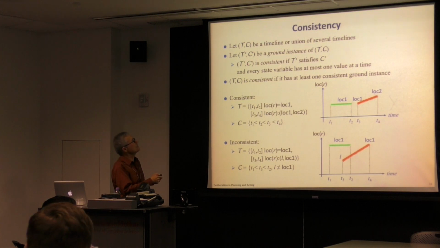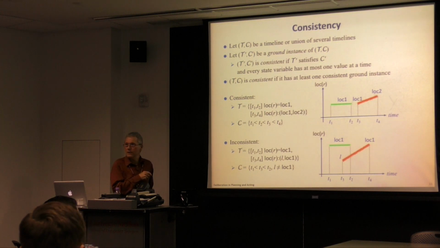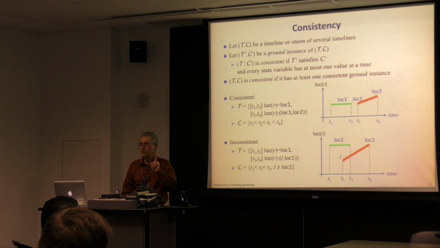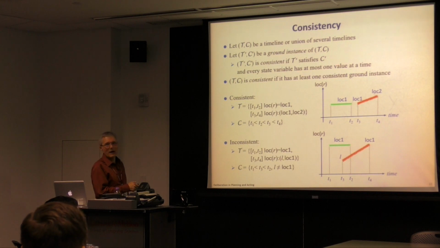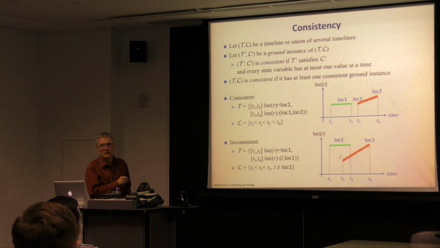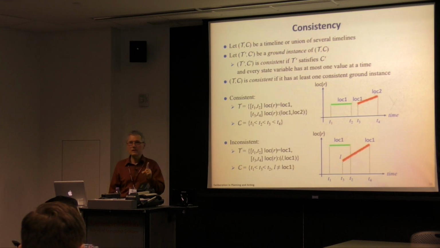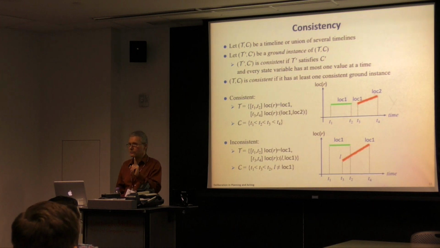That ground instance is consistent if these temporal assertions satisfy these constraints, and if every one of the state variables has at most one value at a time. That's a constraint you have to satisfy that's not actually listed in C. The original timeline is consistent if it has at least one consistent ground instance.